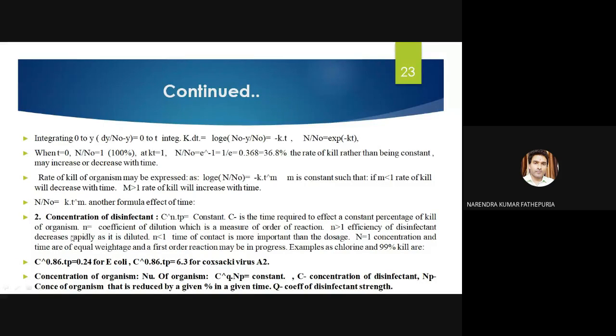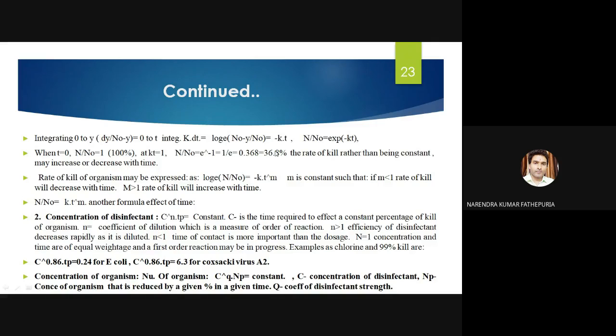If n is greater than 1, the efficiency of the disinfectant decreases rapidly as it is diluted. If n is less than 1, then time of contact is more important than dose. If n is equal to 1, then concentration and time are of equal weightage, and it is a first order reaction. The examples are chlorine and 99% kills.